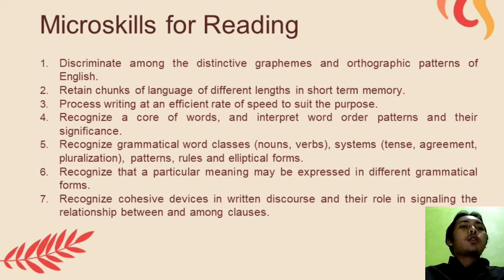Number 4: recognize a core of words and interpret word order patterns and their significance. Number 5: recognize grammatical word classes, noun, verb, system, tense, agreement, pluralization, patterns, rules, and elliptical forms.